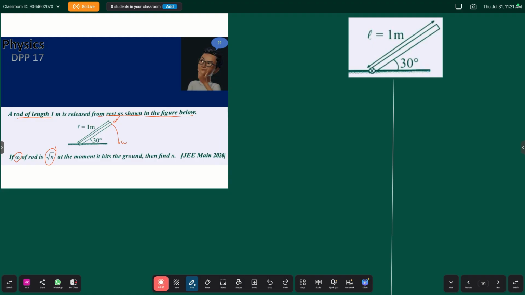So at this point, angular velocity is omega. So we are to find the value of n.